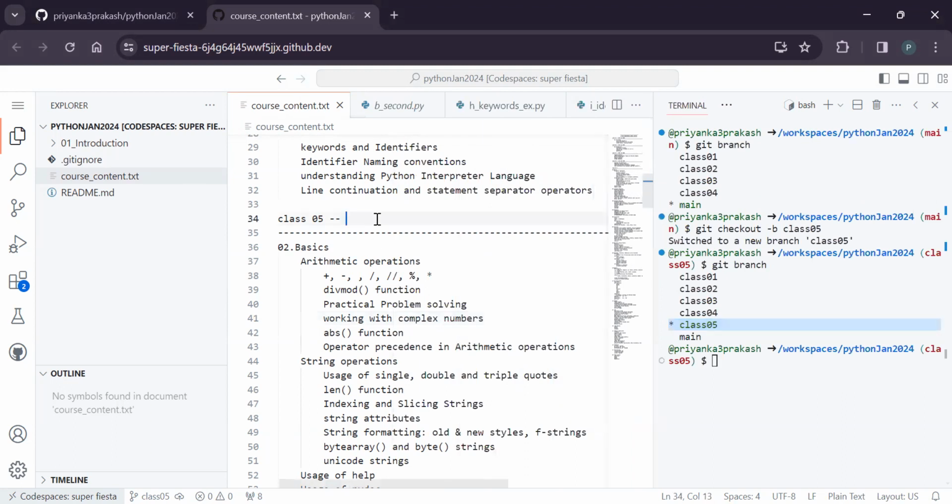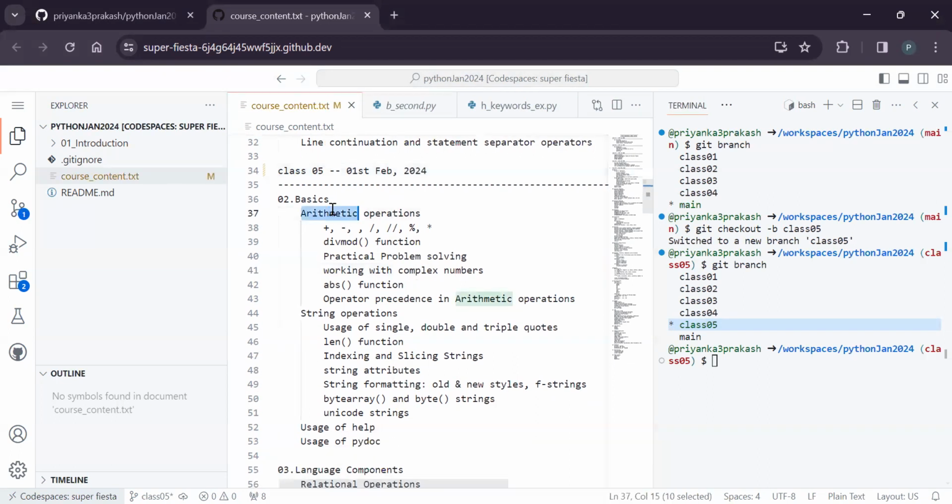Today is 1st of Feb 2024. Arithmetic operations. I will create a new folder. If I need to create a new folder at this directory level, I can say new folder 02 arithmetic operations.